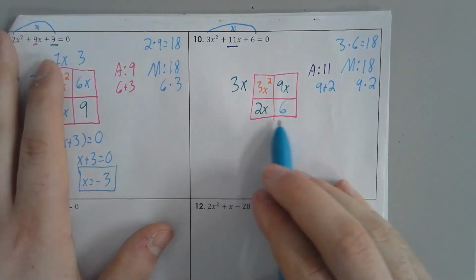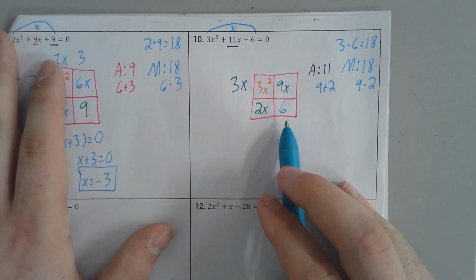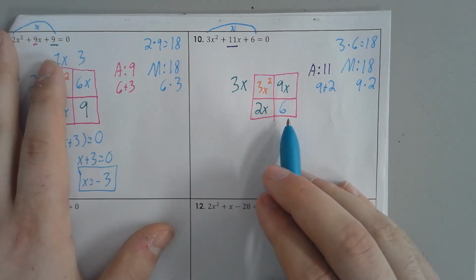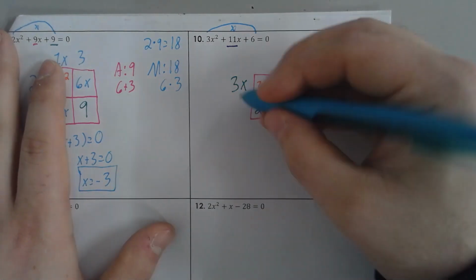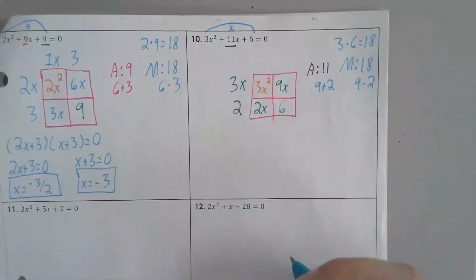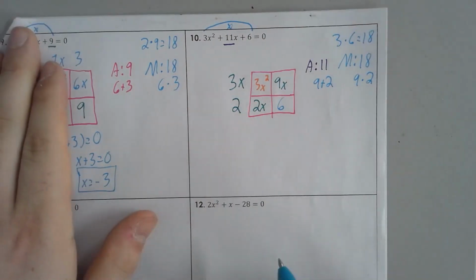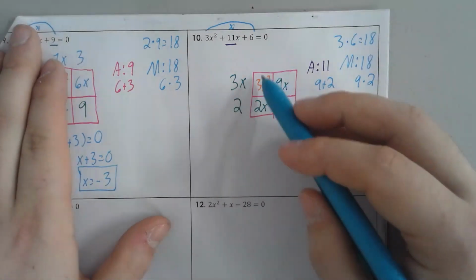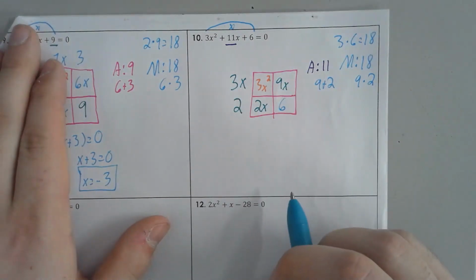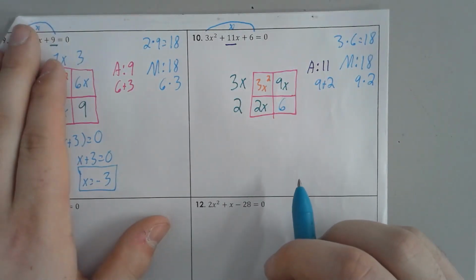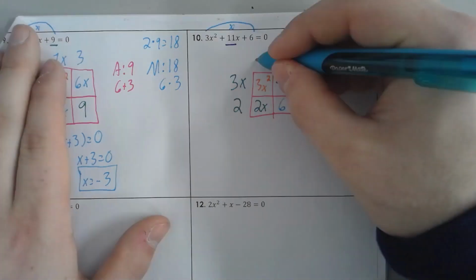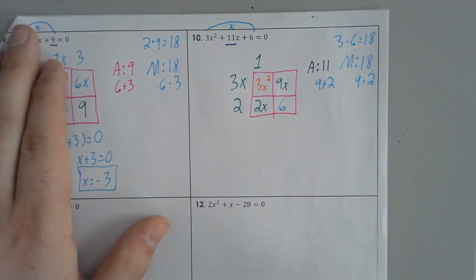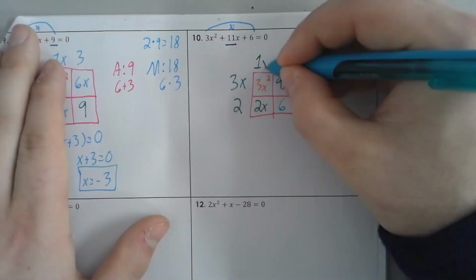Alright, what about on the bottom? 3. The 2. Because you can divide them both by 2. You're seeing what you can divide both of them by. What about going down on the left? 1 and x.